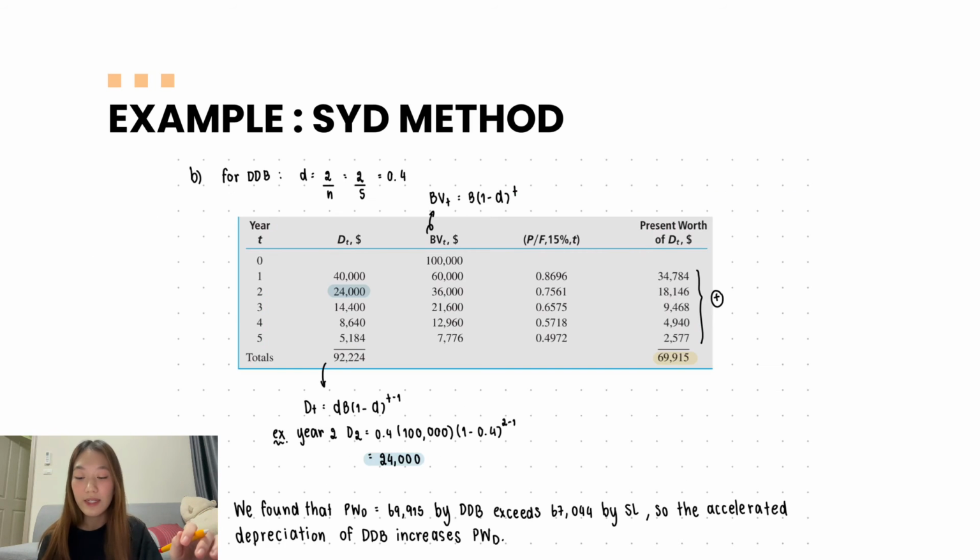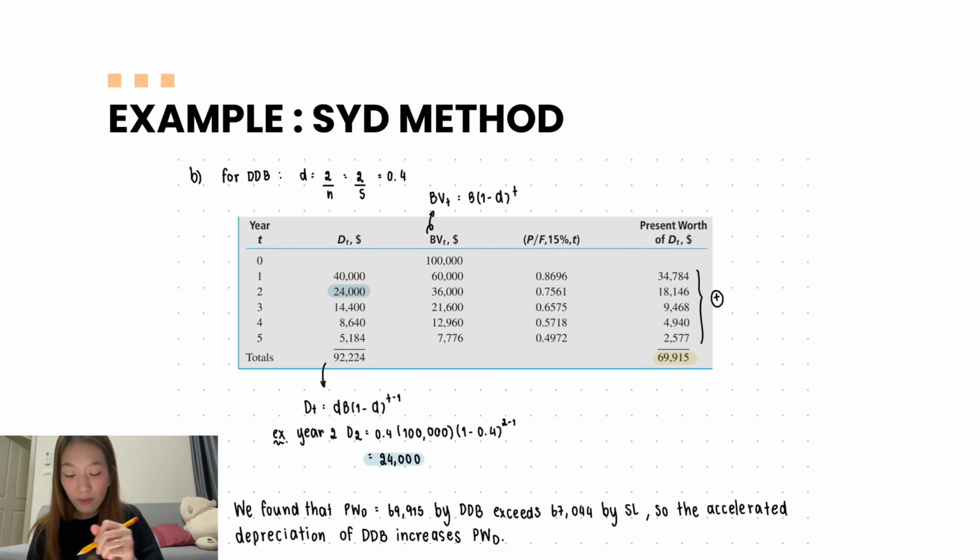Next, for the DDB method, D is equal to 2 divided by n, and we know that our n is 5, so we divide 2 by 5, which equals 0.4. And in the table, we can find Dt by this formula.